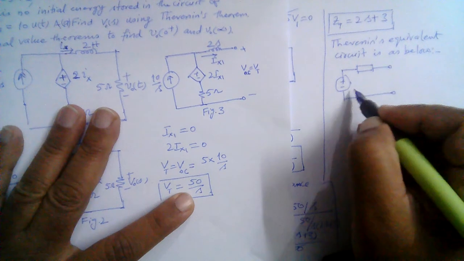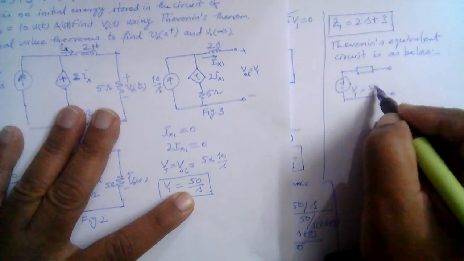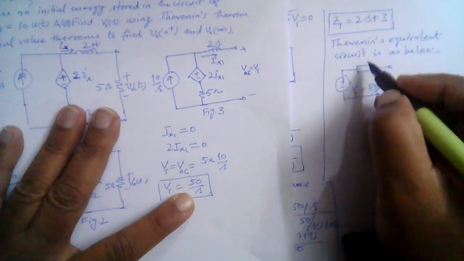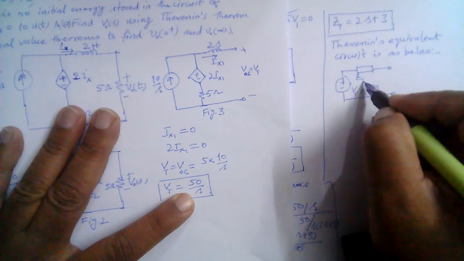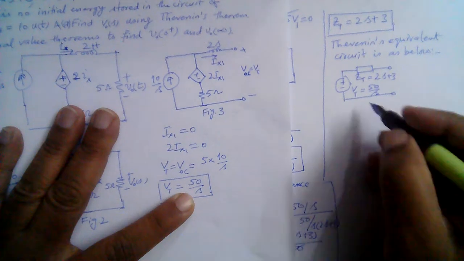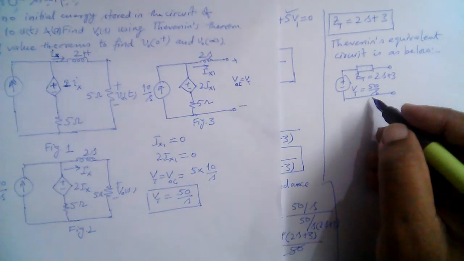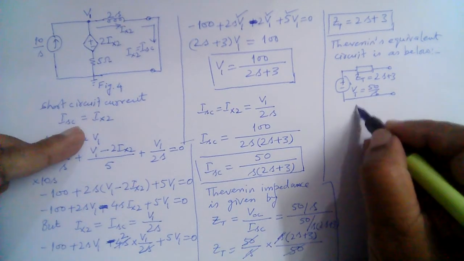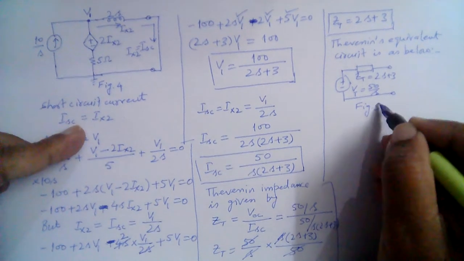V Thevenin is equal to 50 over S, and this is Z Thevenin, which is equal to 2S plus 3, right? So this was figure 4, let me call this fig 5.